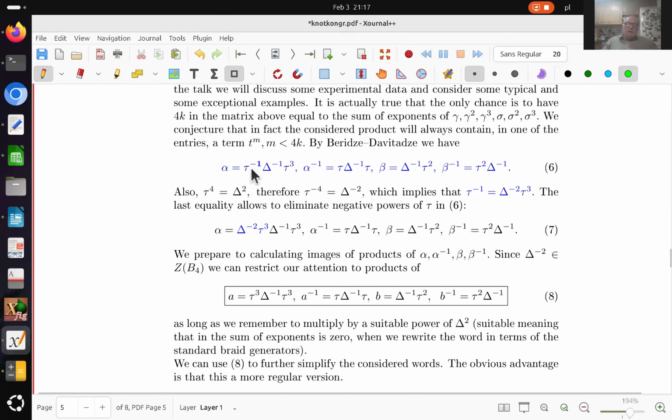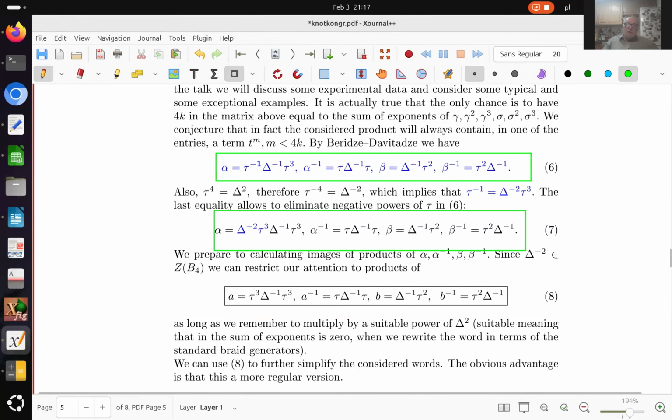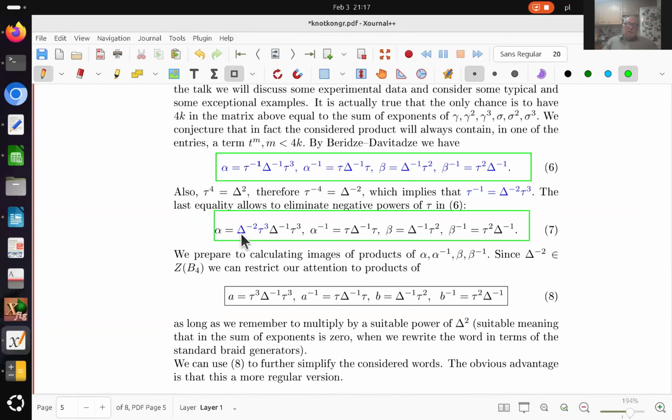So we can replace alpha in this with the following version of alpha without negative powers of tau at a price of adding delta to negative 2. But delta to negative 2 is in the center of the braid group, which is very convenient because if you have a product of terms like this, you can just drag every occurrence of delta to negative 2 to the left or to the right or whatever you like.